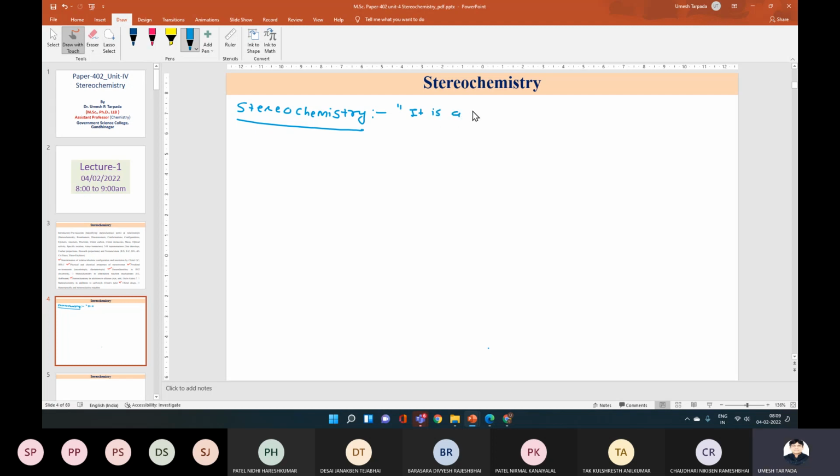It is a branch of chemistry that deals with the study of three-dimensional structure of molecule.